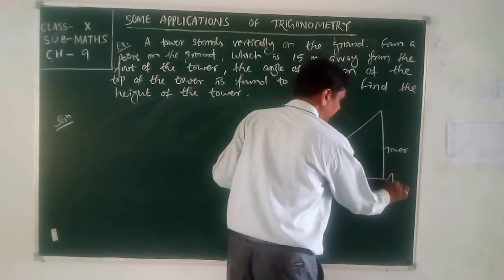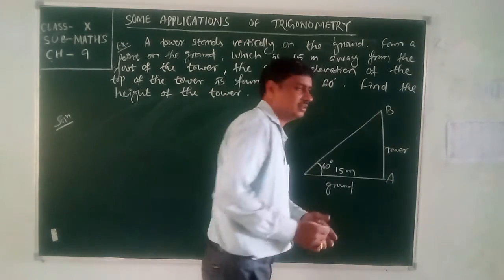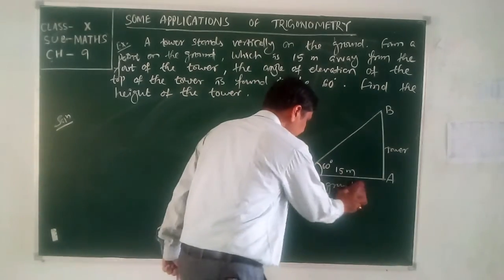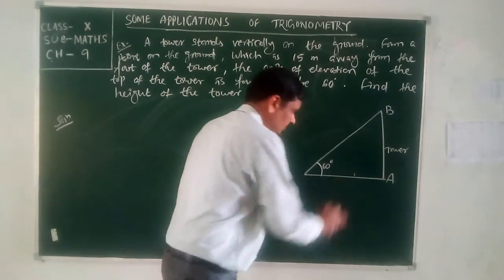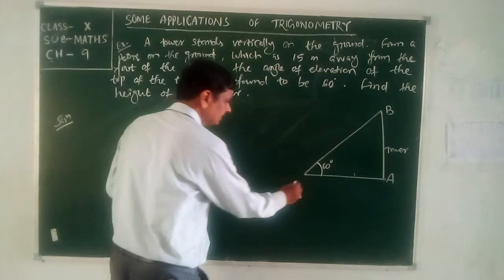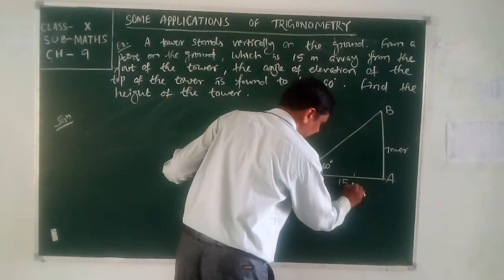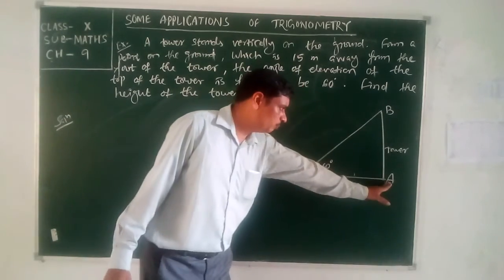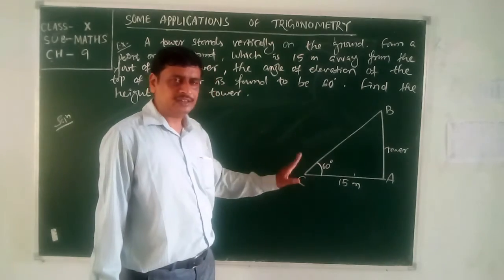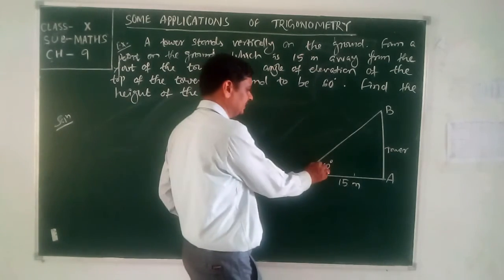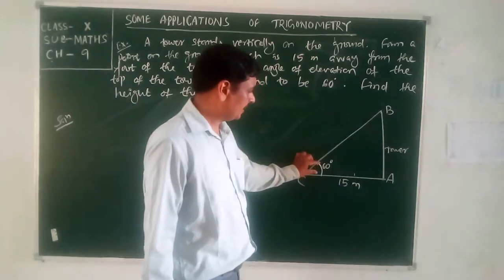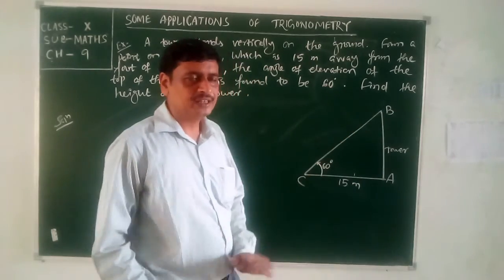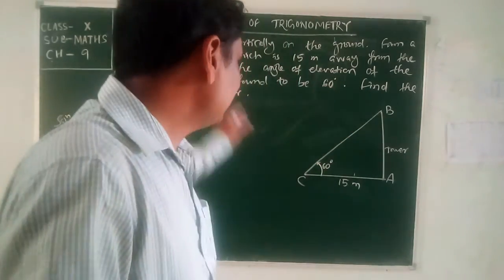Let AB be the tower and a point C that is 15 meters away from the foot of this tower. The angle of elevation is observed to be 60 degrees. And we have to find the height of the tower.